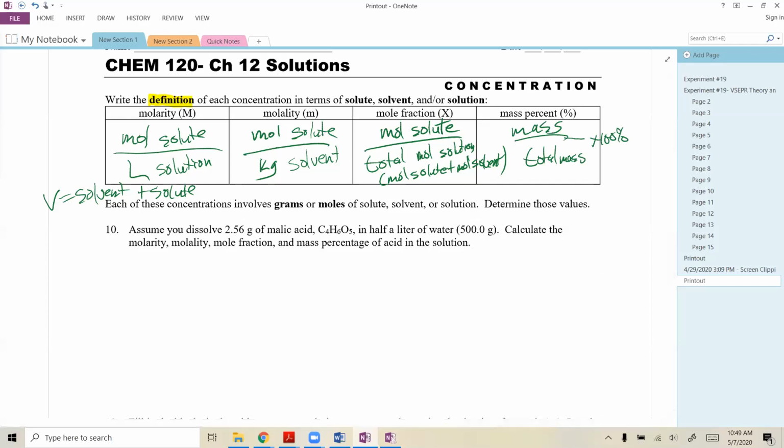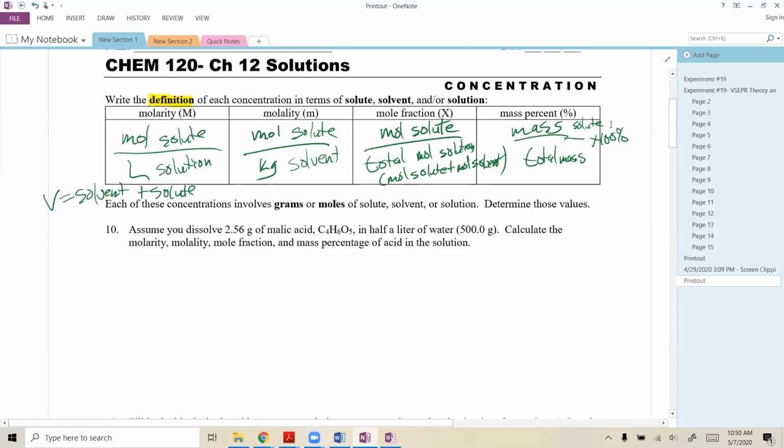Moles. So if we have mass, then it's not going to be moles, right? Those two are two different things, right? Mass is the amount of material. Moles is the amount of material once we take into account its molar mass. Oh, it's mass percent, never mind. Right? It should be the mass of the solute. Very good.